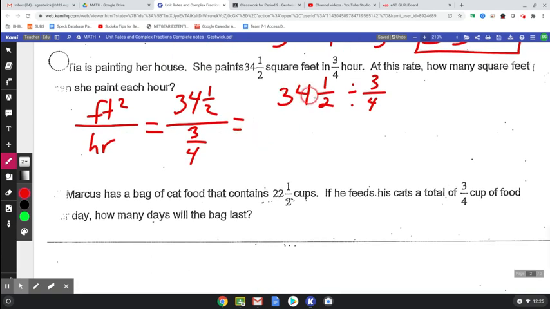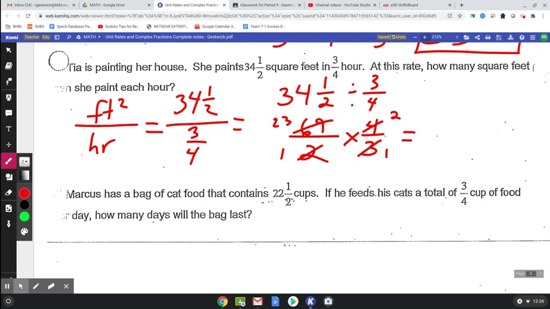All right, 34 times 2 is 68 plus 1. You can do your change and your flip. Ooh, I can cross things out here. The 2 and the 4, I can divide them both by 2. The 3 and the 69, I can divide by 3. That would be 23.